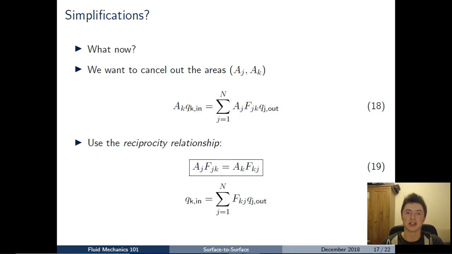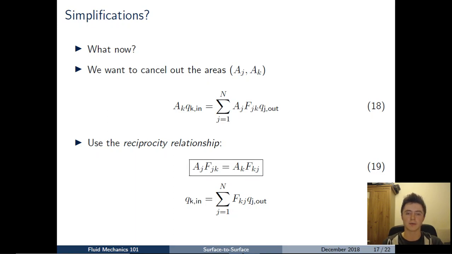So in equation 18, on the right hand side, we substitute the area A_j times that view factor with the opposite area and view factor given in equation 19. When we do this, we see that we have A_k on both sides of the equation, and they cancel out, and that gives us equation 20.